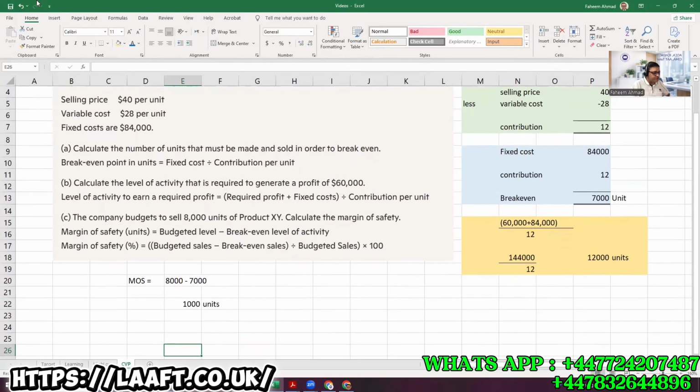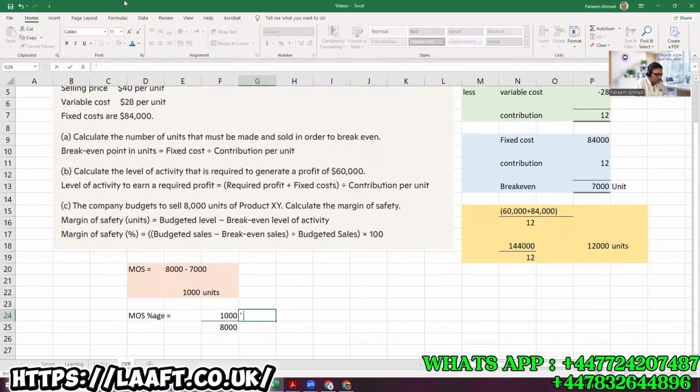If we want to calculate MOS, margin of safety, in percentage, then MOS in percentage. So it's 1,000 divided by budgeted sales, which is 8,000, times by 100.